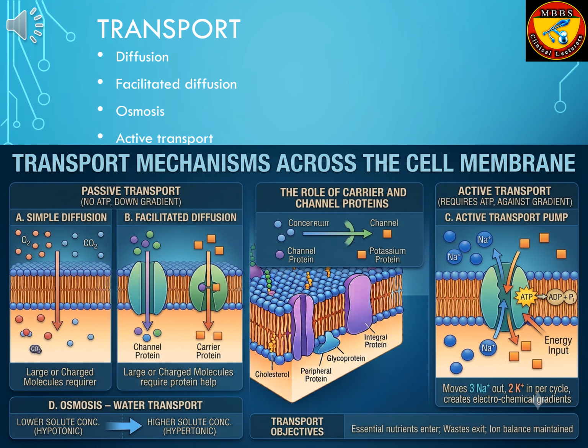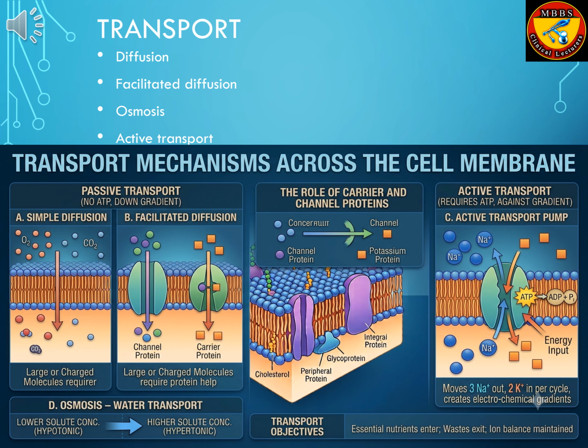Transport. Transport across the cell membrane occurs through several mechanisms. Simple diffusion is the movement of molecules from an area of higher concentration to an area of lower concentration without using energy. Facilitated diffusion also moves substances down their concentration gradient, but it requires membrane proteins to help larger or charged molecules cross the membrane.